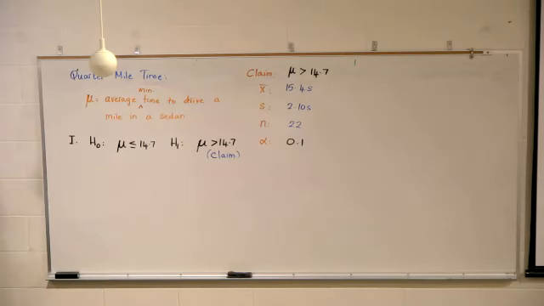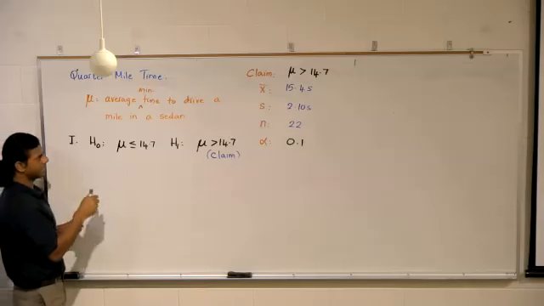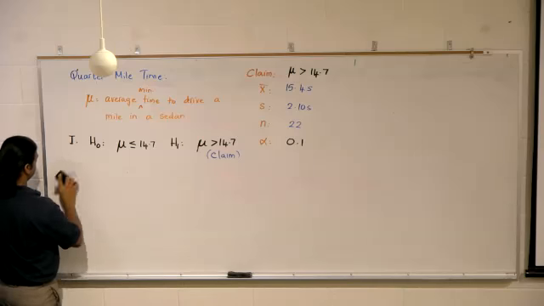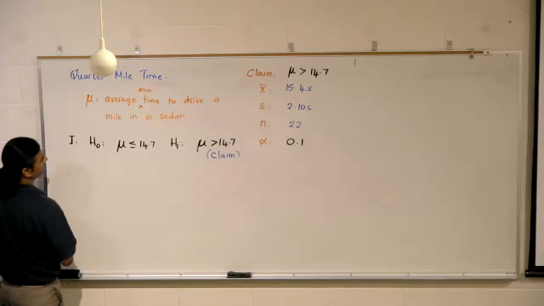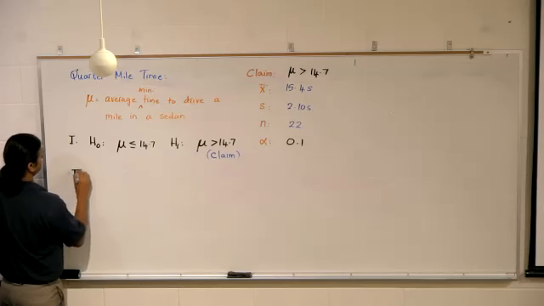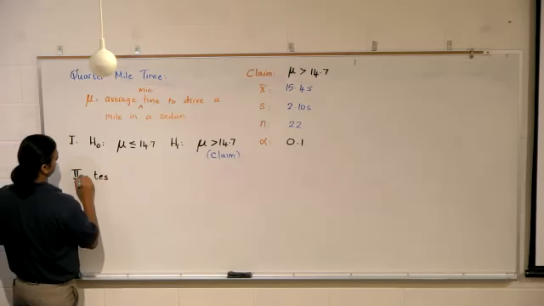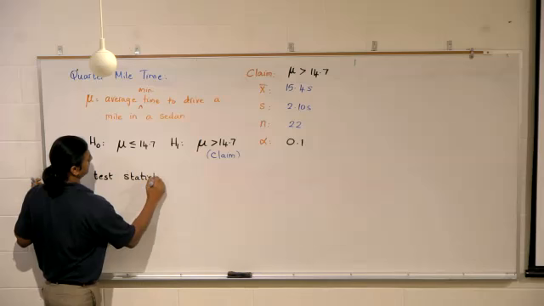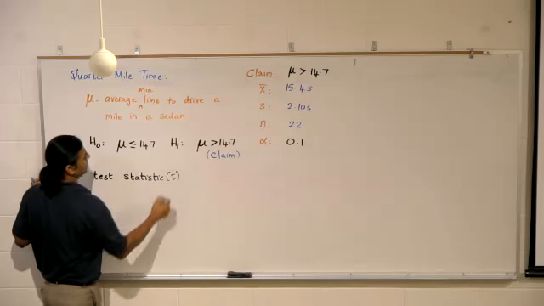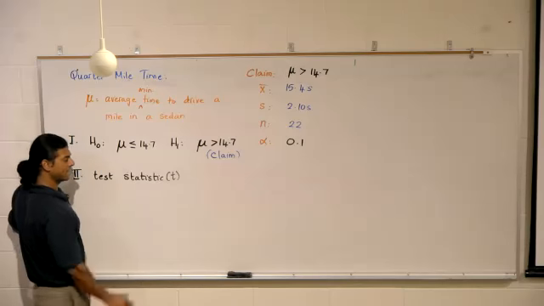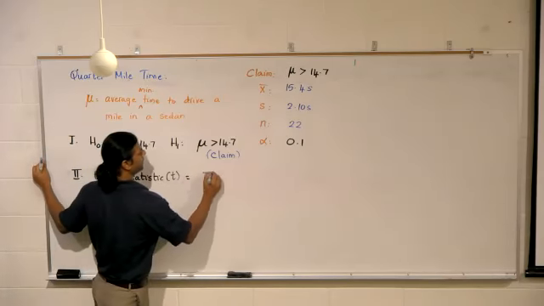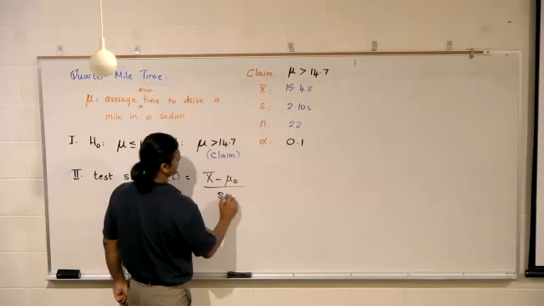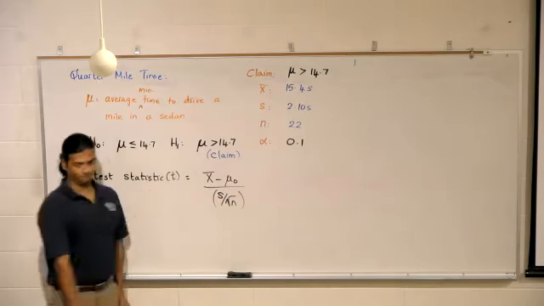Alpha is given, alpha is 0.1, we can make use of it later. The test statistic T is equal to x bar minus mu naught divided by s over square root of n.